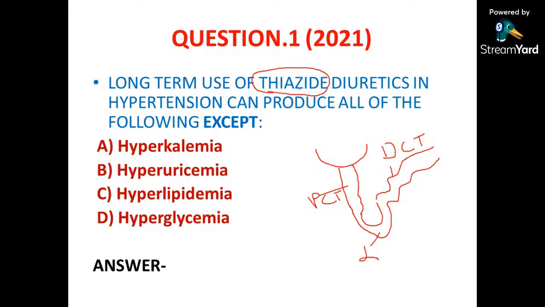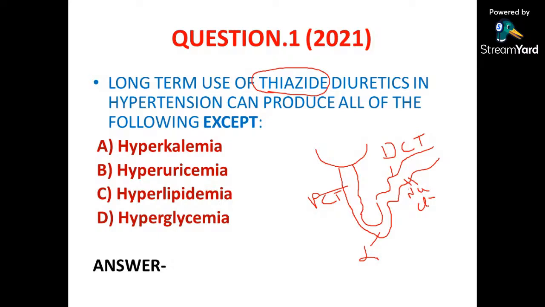The first point about thiazide diuretics is that they inhibit the reabsorption of sodium and chlorine through the sodium chlorine symporter. We have sodium chlorine symporters at the distal convoluted tubule, especially in the early distal convoluted tubule.